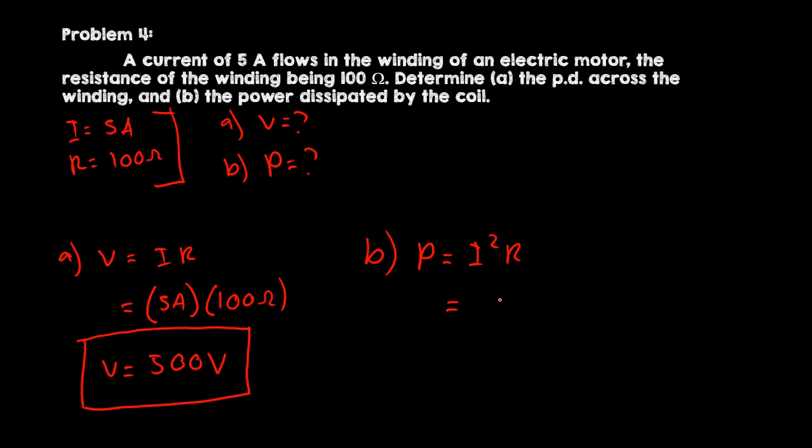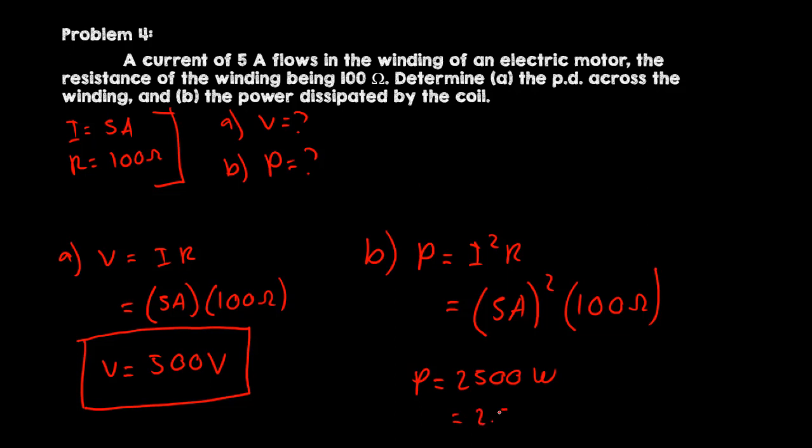P is equals to I squared R, or I of 5 amperes squared multiplied by R. R is 100 ohms. And P is equals to 2,500 watts or 2.5 kilowatts. That is the answer for letter B.